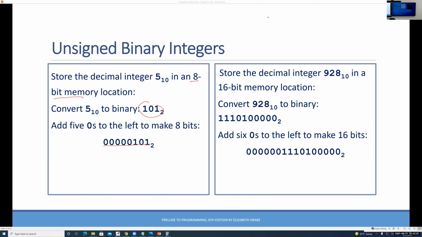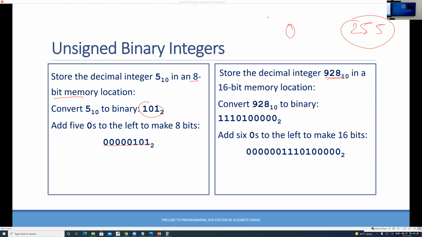Now this one, 938, you cannot store in 8 bits because you will have an overflow. If you store in 8 bits, you only have everything from 0 to 255. This one is greater than 255, so you cannot store it in an 8-bit memory location. Instead, you have to store it in a 16-bit memory location.